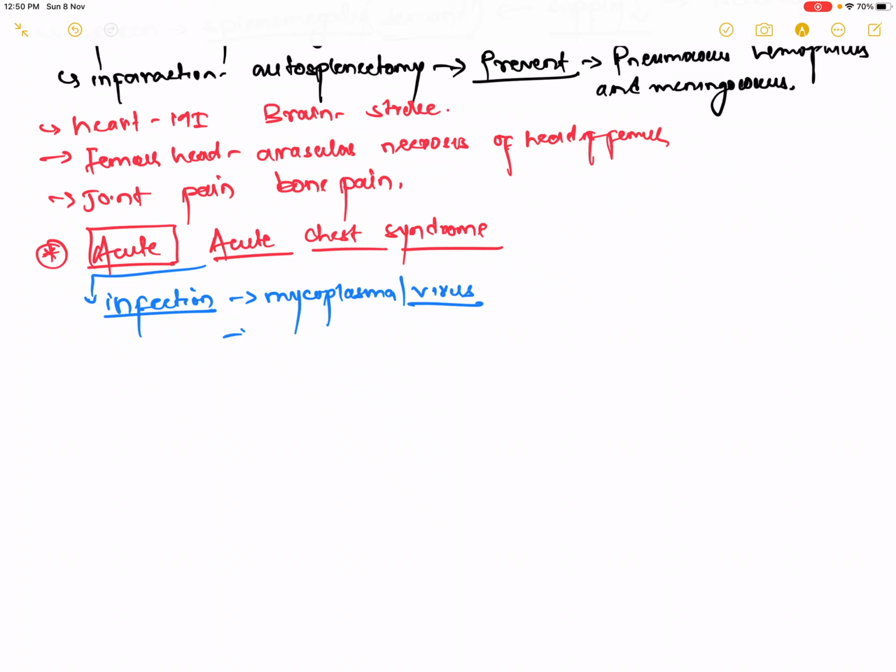So basically the lung has pneumonia-like features. The patient can present with fever. The WBC count will be high and the X-ray will show infiltrates. Sometimes this acute chest syndrome can happen due to fat embolism also.